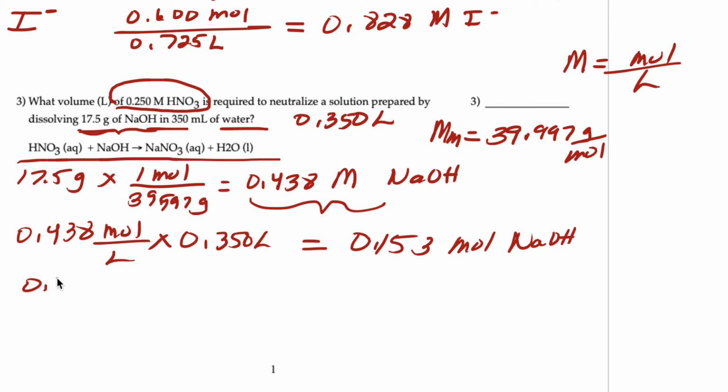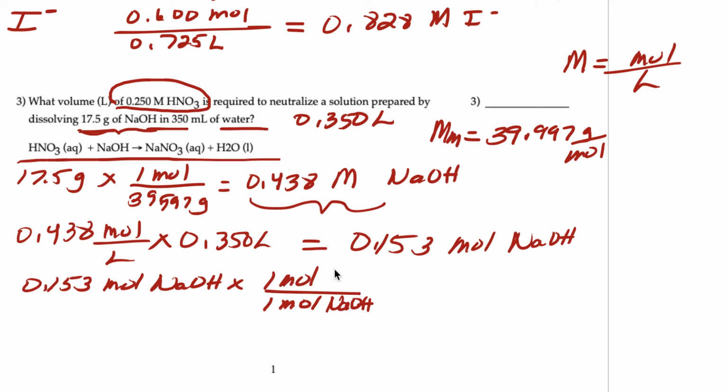So we have 0.438 moles of sodium hydroxide, and that is going to react. We have a 1-to-1 mole ratio of sodium hydroxide to nitric acid, so 0.438 moles of nitric acid react.